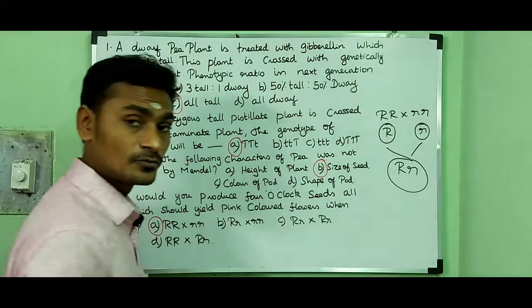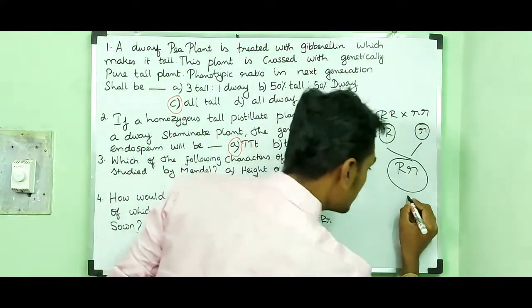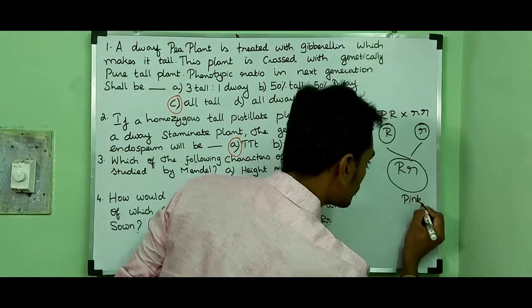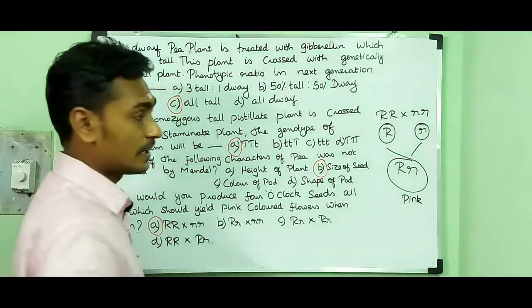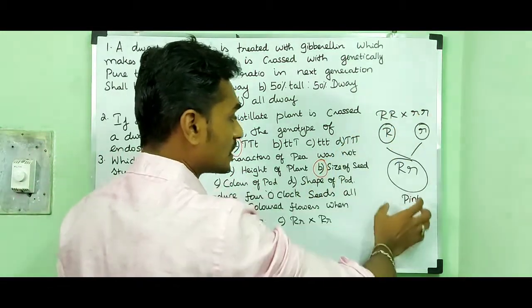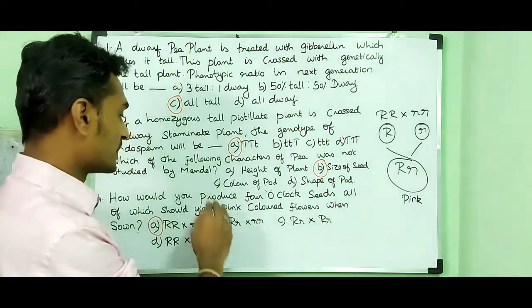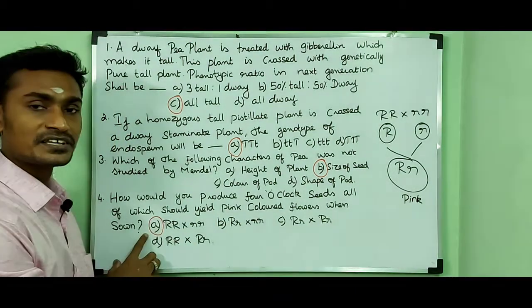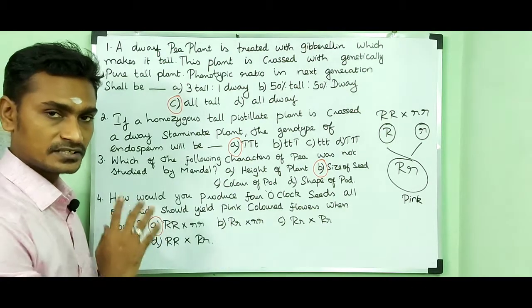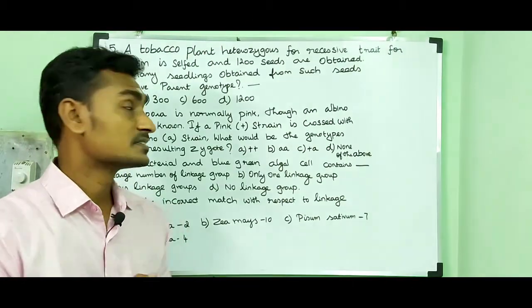So all the young ones show the intermediate color pink. So the option is A. The fifth question.